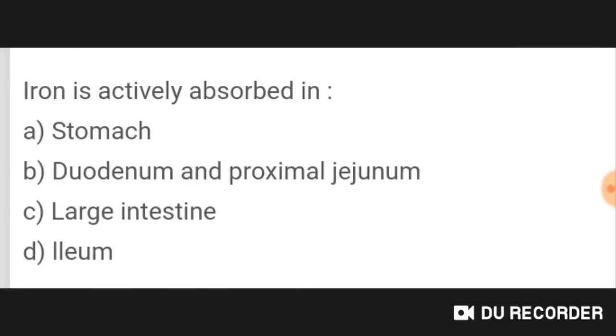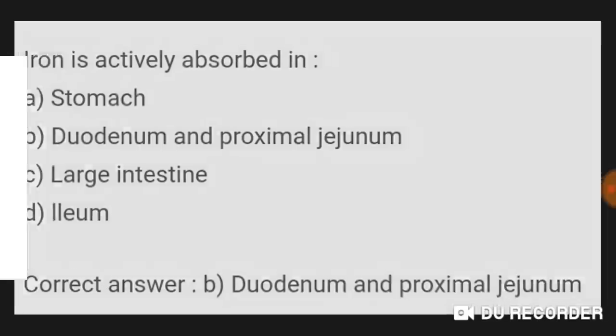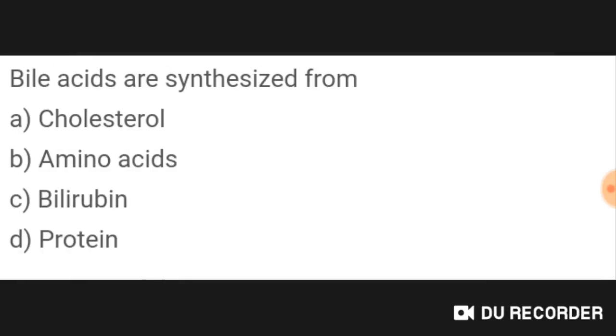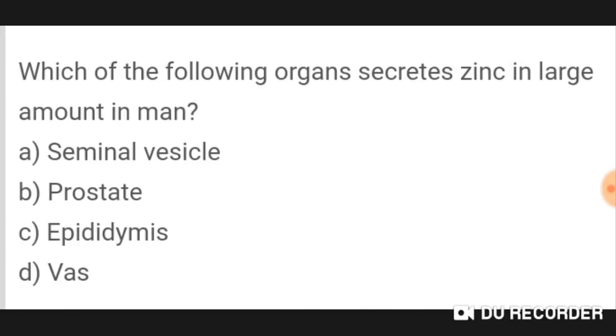Iron is actively absorbed in duodenum and proximal jejunum. Bile acids are synthesized from cholesterol. Which of the following organs secretes zinc in a large amount in man?